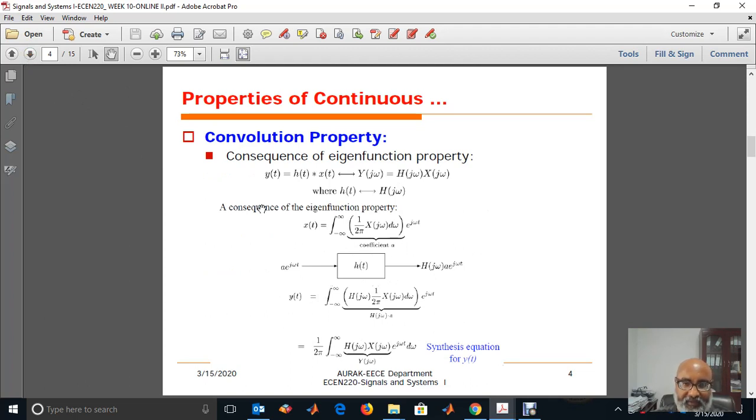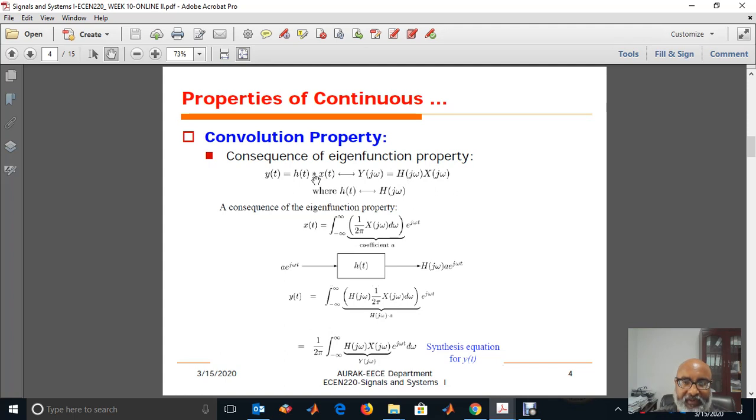Convolution property. Convolution property is very important. If I have an input to a system x(t), and the system h(t), the output y(t) is equal to h(t) convolved with x(t). The Fourier transform of this is Y(j omega) equal to X(j omega) times H(j omega).